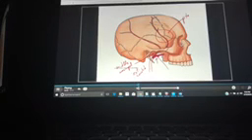If there's a lesion of that blood vessel here, trauma to this side of the skull, anterolateral aspect of the skull, you can have a lesion of that blood vessel, blood's going to spill out, and then you end up with an epidural hematoma.